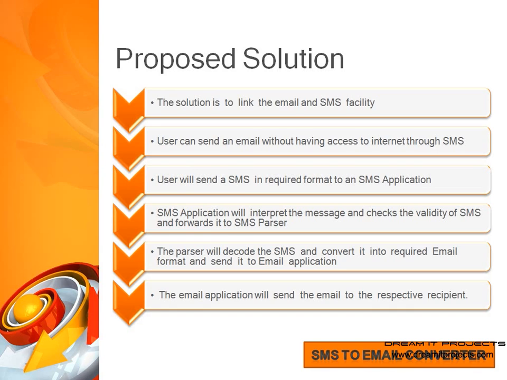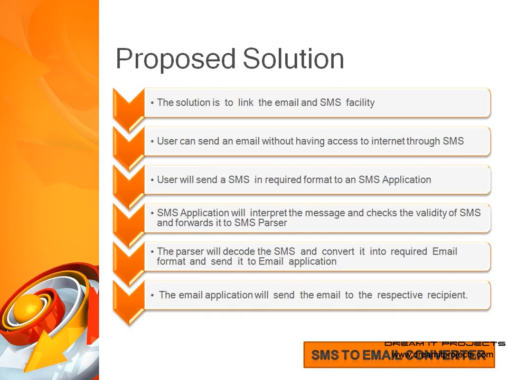Now when a user sends an SMS to the application, the first thing the application does is verify whether the user is a registered user or not. If the user is not registered, it sends back a message saying that you have not registered your mobile number. In the scenario where the user has registered, the next thing the application checks is the validity of the message.